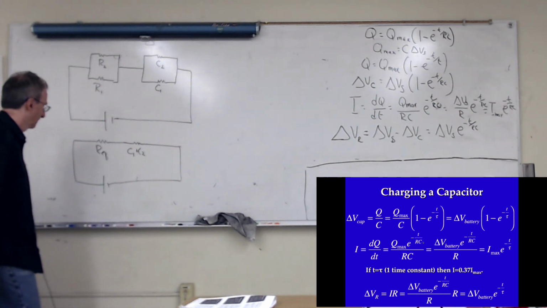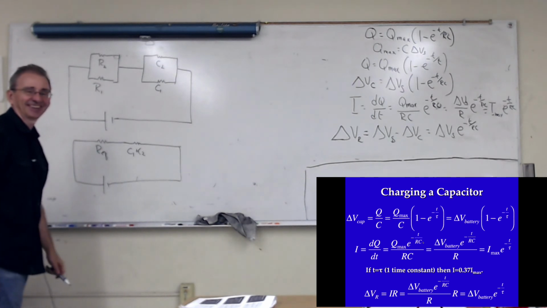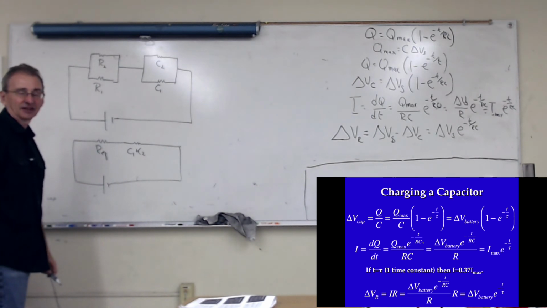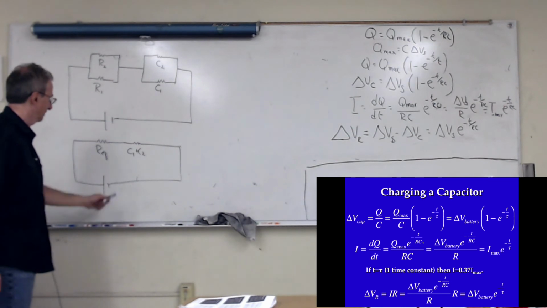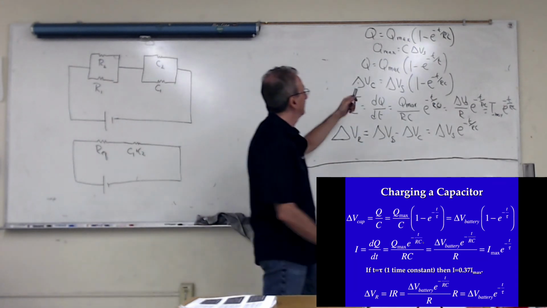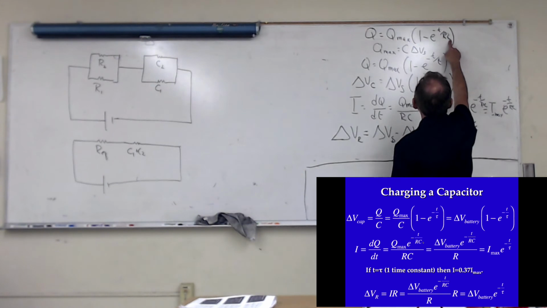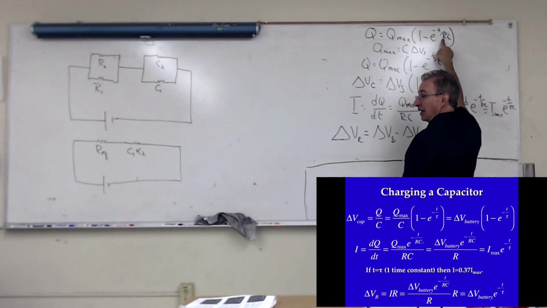So, I have an RC circuit, right? I go to this equation. This is C1 plus C2. This is the equivalent resistance of the two resistors in parallel.